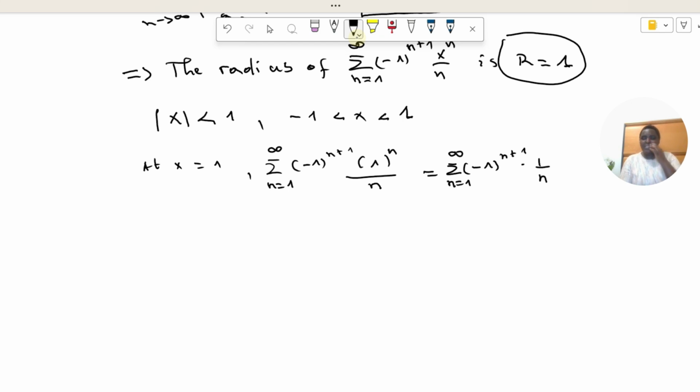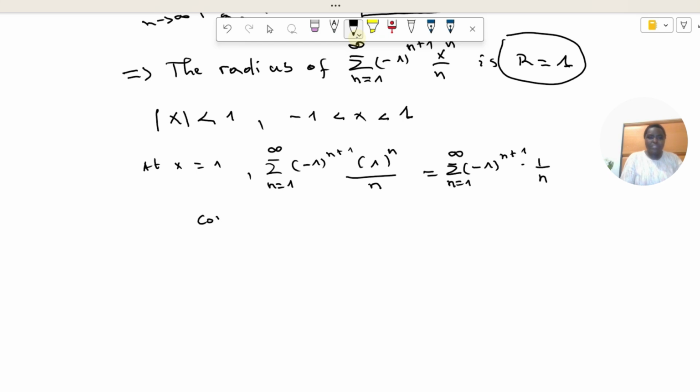So you can see that this is the alternating harmonic progression, alternating positive and negative. It is a convergent progression, so it converges. So at x equal to 1, our series converges.